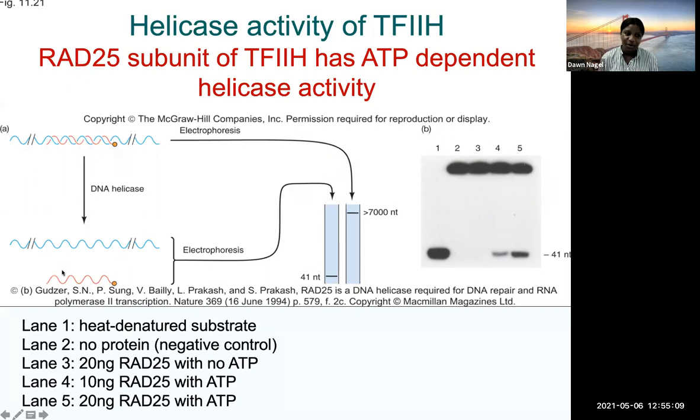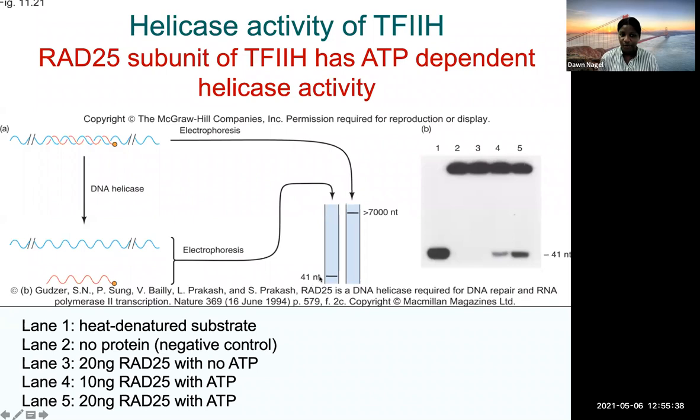And this experiment is really just demonstrating a helicase assay, okay? And the way that the assay works is you have double-stranded DNA. One of the strands is labeled with a radioisotope. If you add DNA helicase, which will separate these two strands, you should be able to visualize this on a gel, the strand that's separated, the single strand versus the double strand, okay?